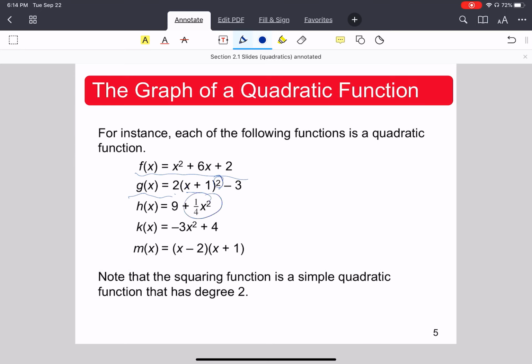Here, h of x has a square already, k of x has negative 3x squared, and then here, m of x looks a little bit different, but eventually when you factor this out, you're going to see something like x squared plus dot dot dot, like all the other terms will show up, and that's how we know this is a quadratic because it's been multiplied.